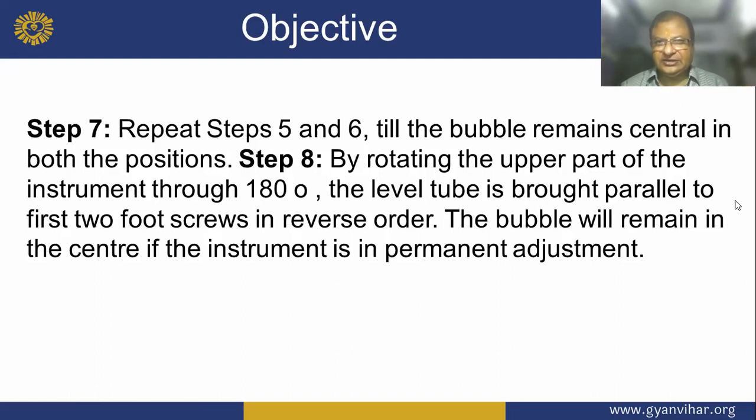And step 8, by rotating the upper part of the instrument through 180 degrees, the level tube is brought parallel to the first two foot screws in the reverse order, and the bubble will remain in the center if the instrument is in permanent adjustment.